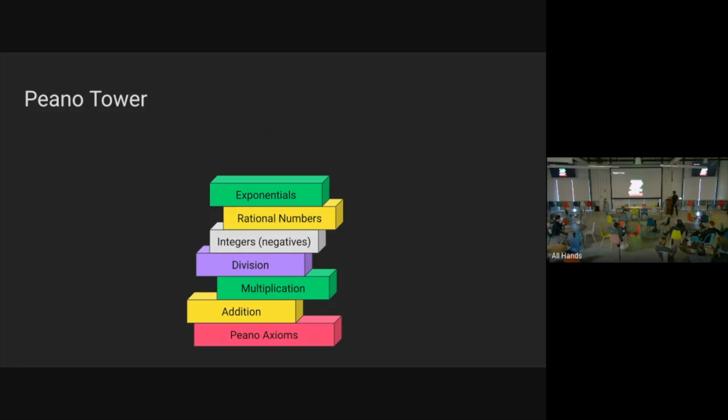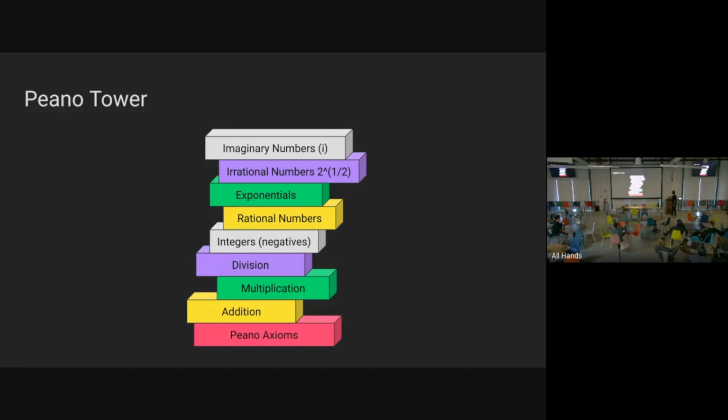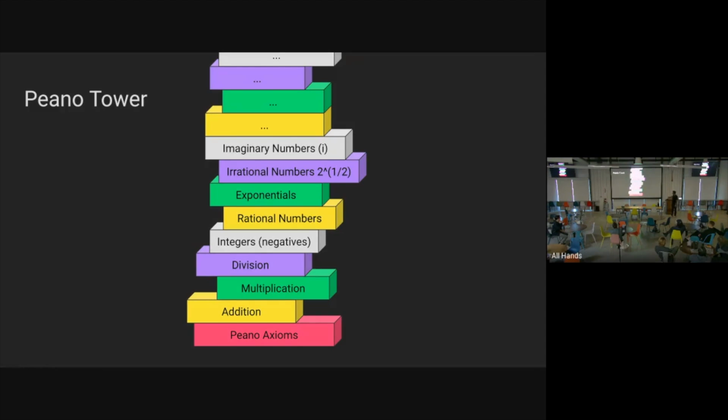And then from rational numbers, you can maybe get to exponentials, which is just repeated multiplication. And then from exponentials, you can get to irrational numbers, like the exponent of a fraction gets you irrational numbers. And then maybe you can build imaginary numbers, and so on and so forth. And all of it is stacked on top of just these core axioms at the very bottom. Sound good? Cool.